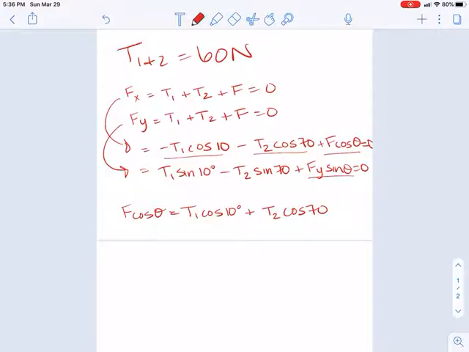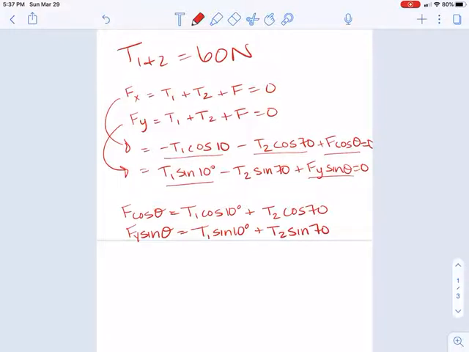And you can do the same thing for your force y. When you move this one over, it becomes a negative, negative tension 1 sine 10, plus tension 2 sine 70.